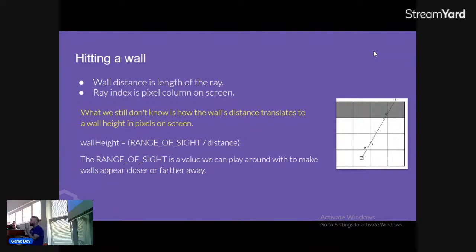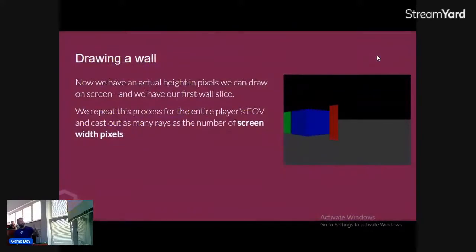And if it's right in front of you, it takes up your entire field of view. So once you've defined that, you just have to divide the distance by that, and you've got the height of the wall. You can play around with this range of sight. You can make it bigger or smaller, and the wall will scale accordingly because it will take up a different percentage within the range of sight. Anyway, now that we have that, we can actually draw our walls.